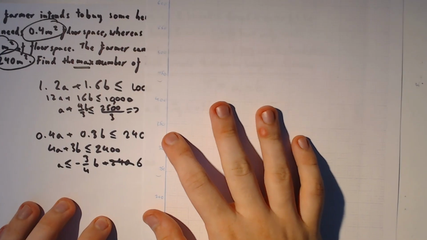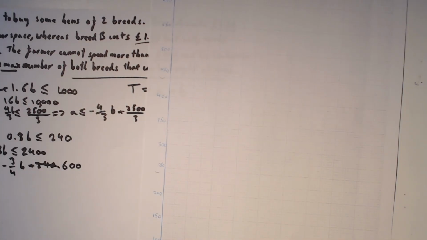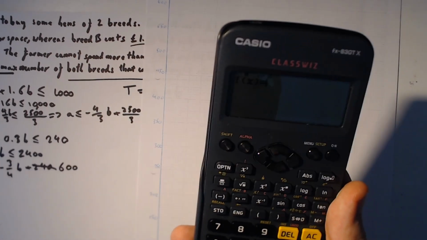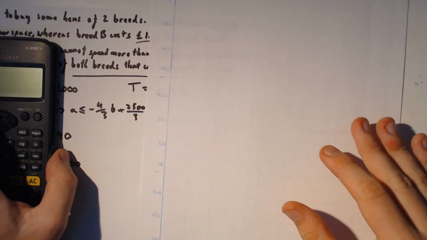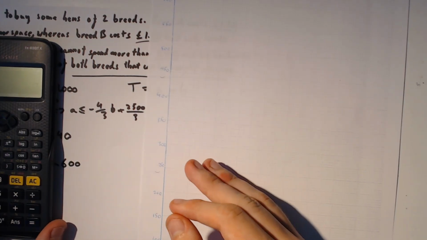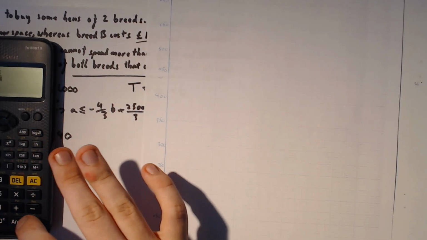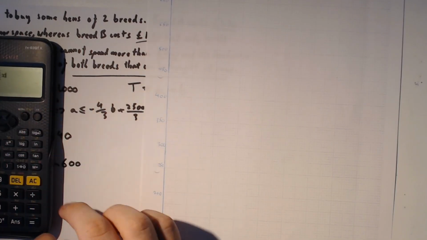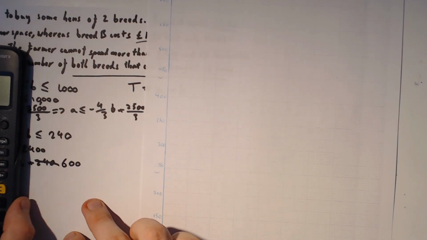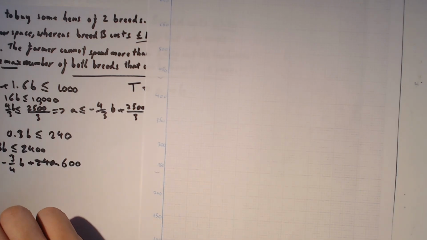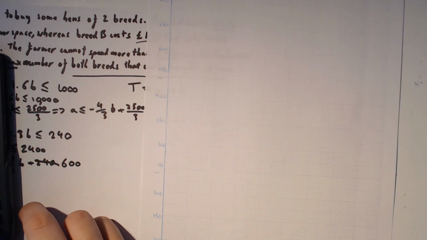So these are our two equations, but they're very complex, so I suggest use a calculator. I suggest using the table function on your calculator, and all you're going to type in, f of x is basically the same as a, so we're just going to type in minus 4 over 3 x plus 2,500 over 3, and then the second is minus 3 over 4 x plus 600.